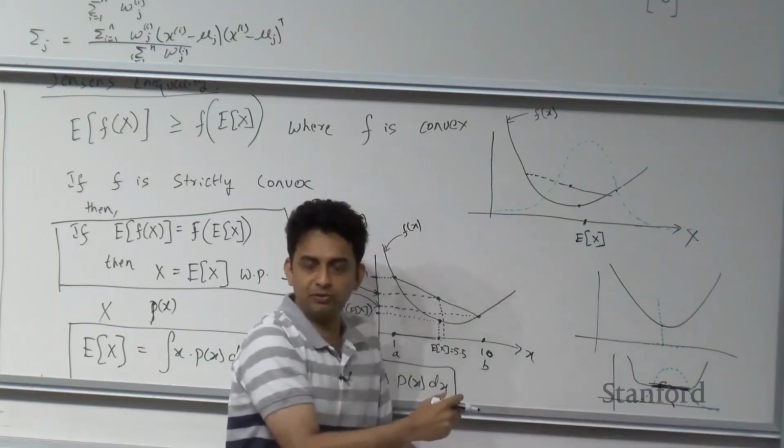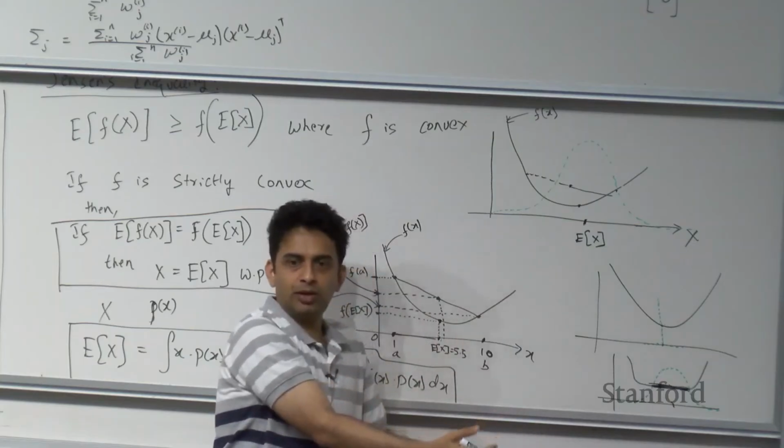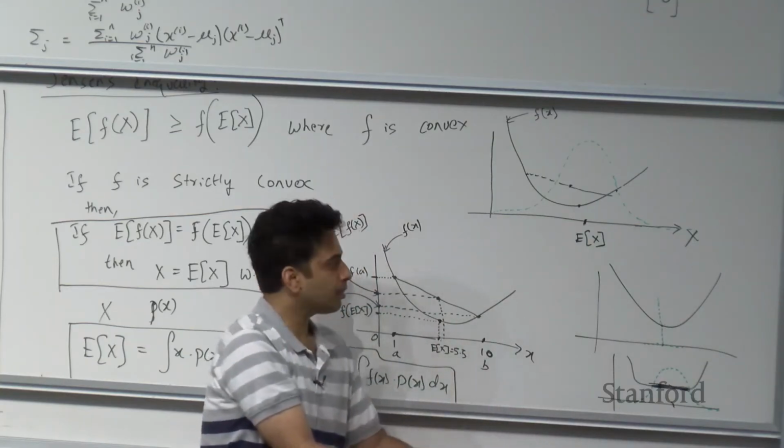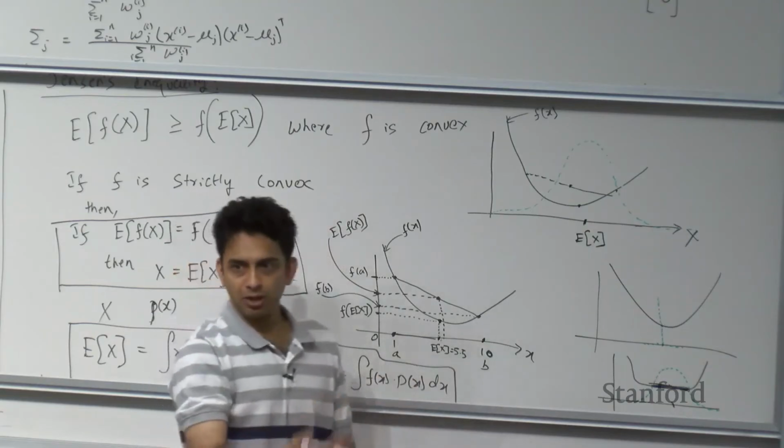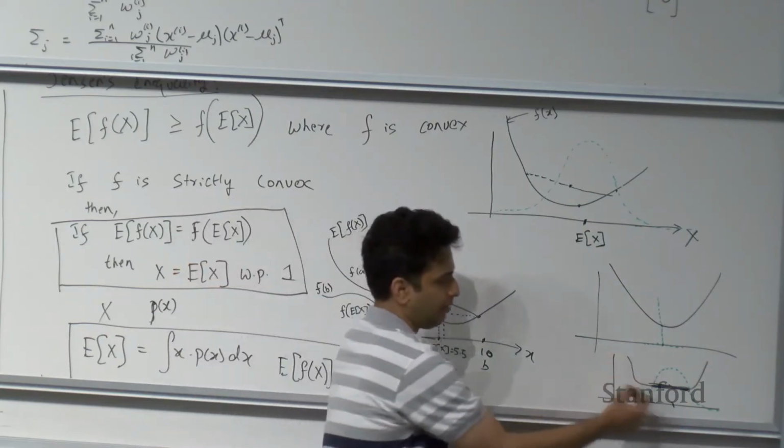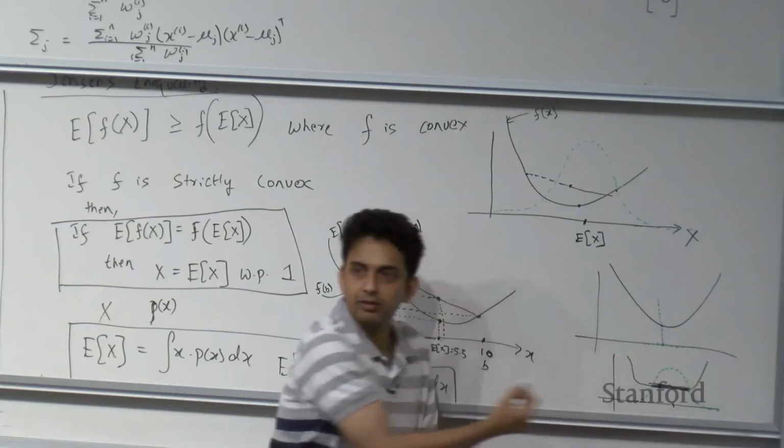So expectation of f of x would be equal to f of expectation of x, even though x is not constant, because f has a flat region somewhere.